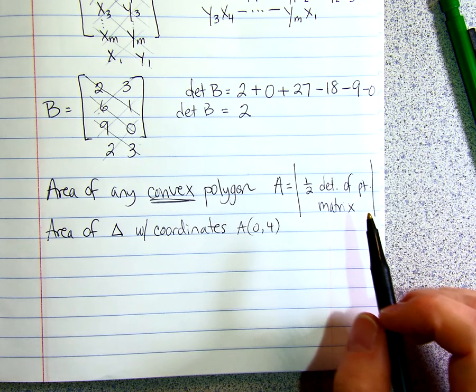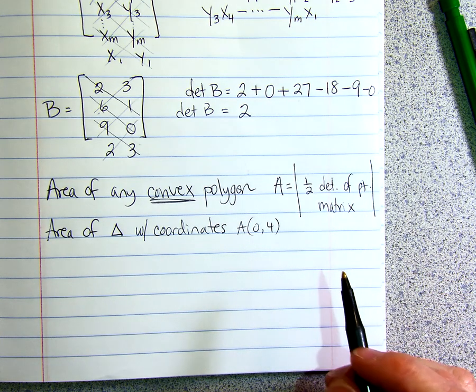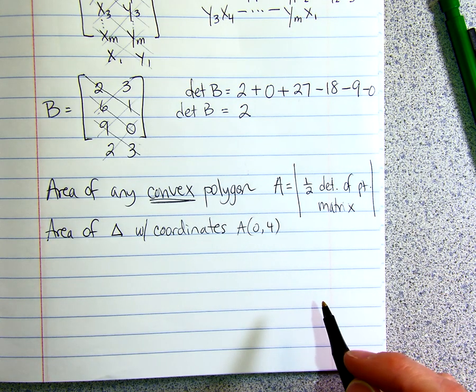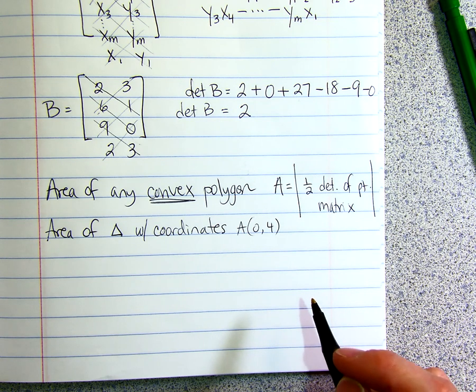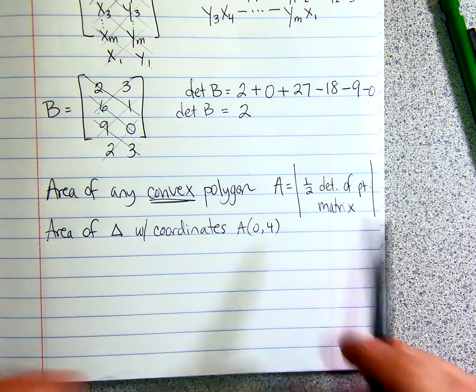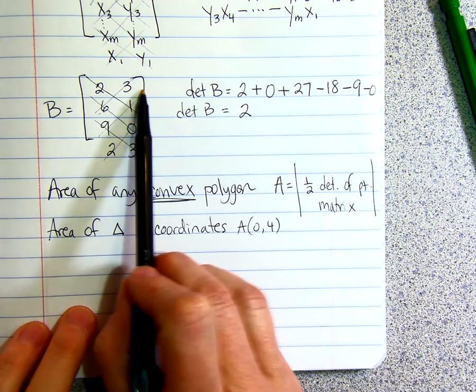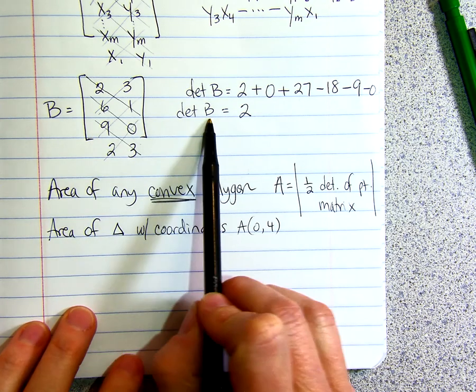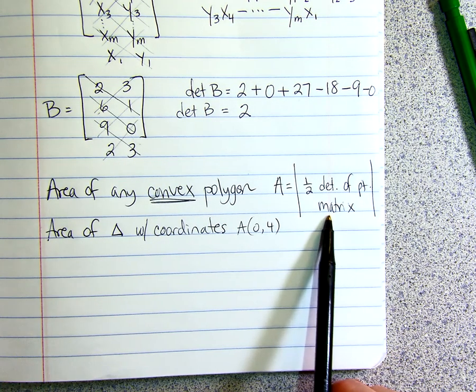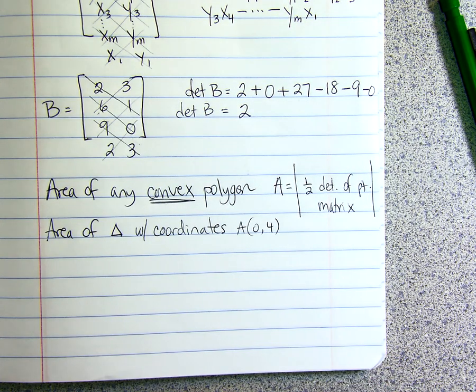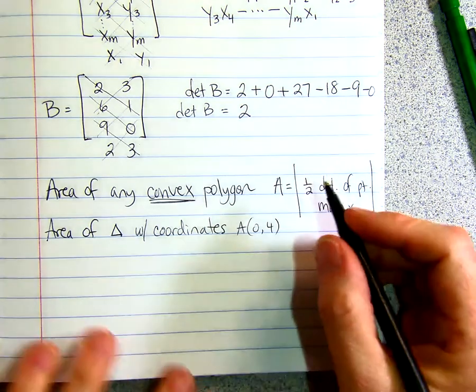DET in your formula in the book is saying the determinant of that matrix. You're just finding that number. That's what we did here, the determinant of matrix B. You're not timesing or anything, you're just finding that one number. Okay, that makes way more sense.